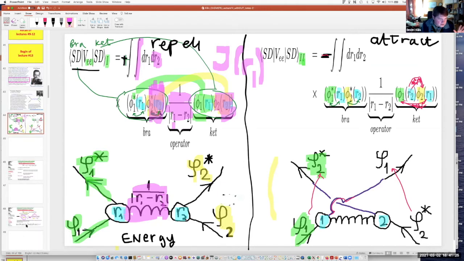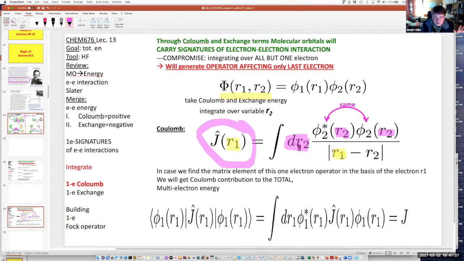So here is this stuff. Integration over the, here is the purple thing. And the result of this integration will depend on R1, and it will be a more normal, regular equation that will be possible to utilize in one electron consideration.